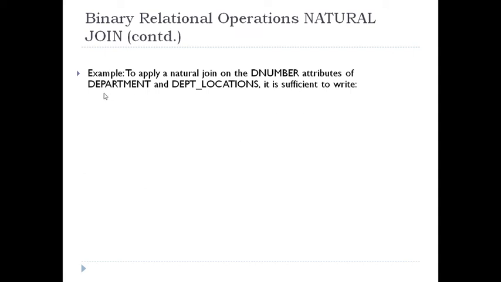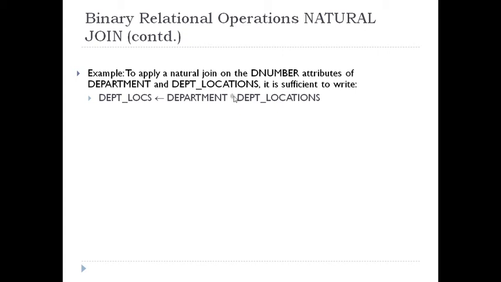Here, in department and department locations, we have the DNUMBER attribute in both the relations. That's why there is no need to write the condition; directly we can use the natural join.